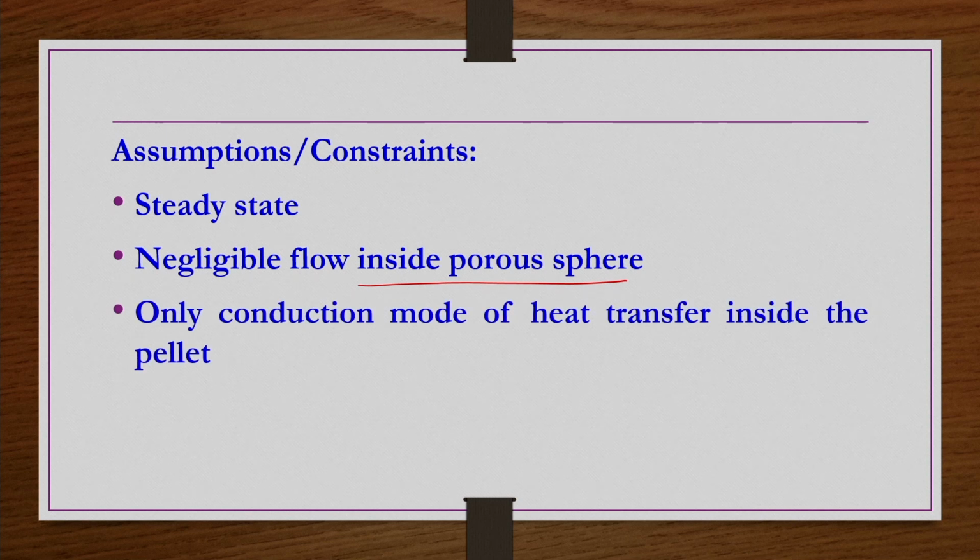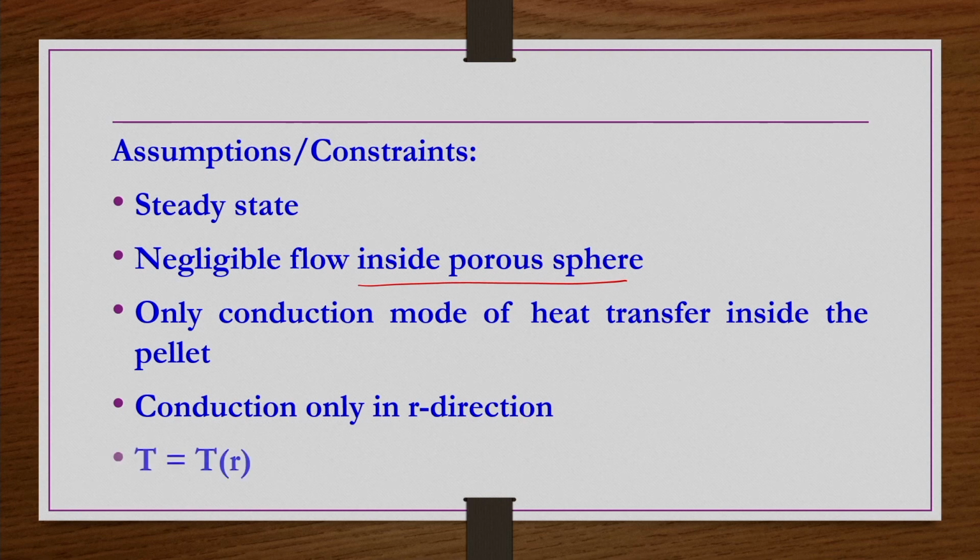So, only the conduction mode of heat transfer inside the pellet, and conduction is only in the R direction. So, T is a function of R, that is what we have to find out, right.